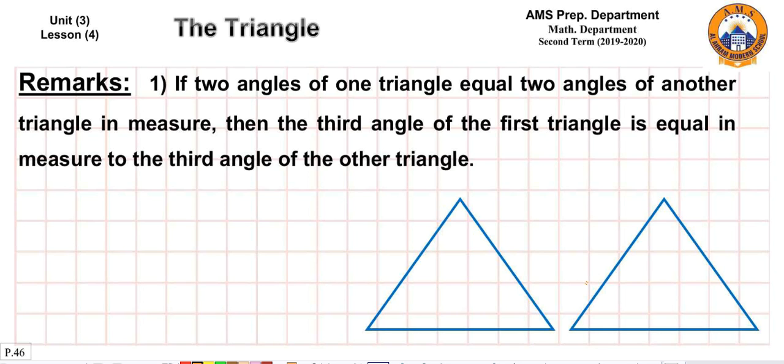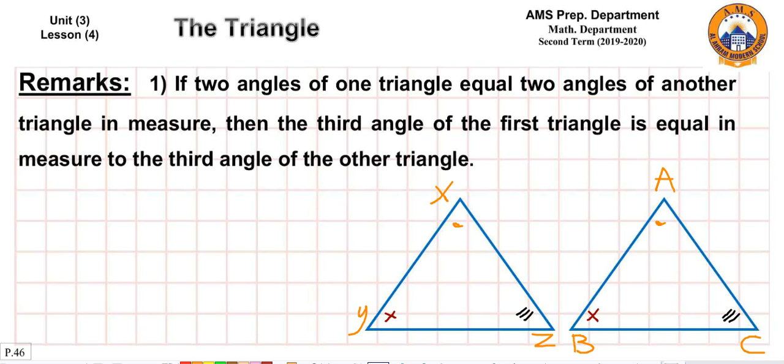So if I have triangle XYZ and the other one is called ABC, we have measure of angle X equal measure of angle A and measure of angle Y equal measure of angle B. So we deduce that measure of angle Z equals measure of angle C.